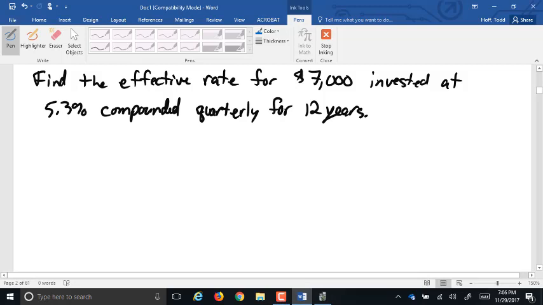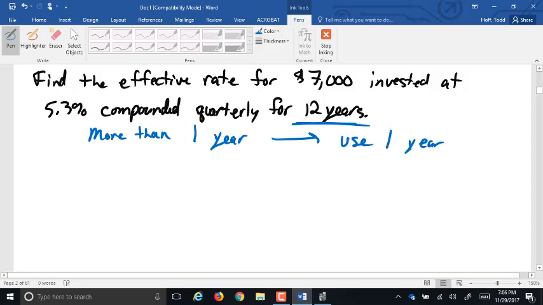Before you get too far into this, I'm going to let you off the hook. What's different about this one? It's more than a year. And what are we supposed to do if it's more than a year? Since it's more than a year, we use 1 year.